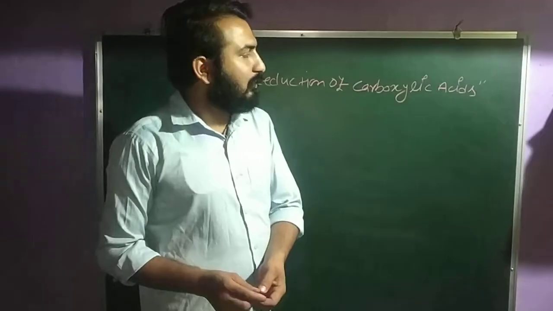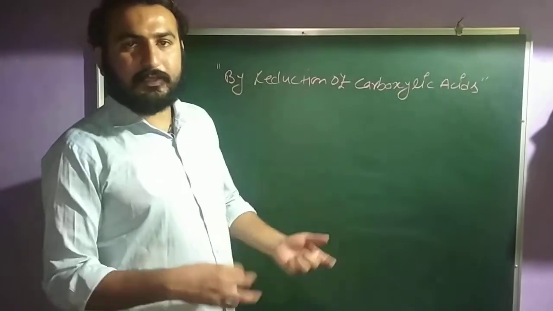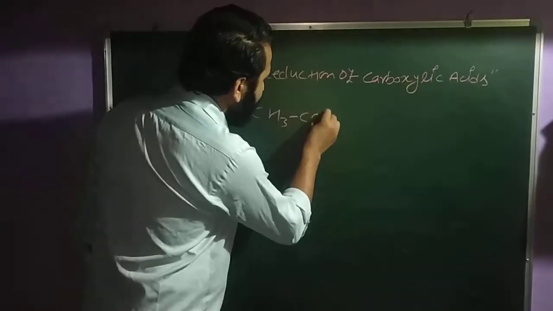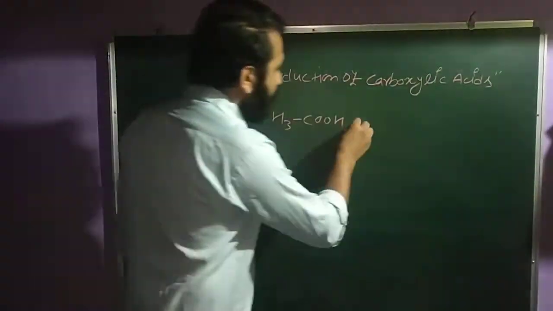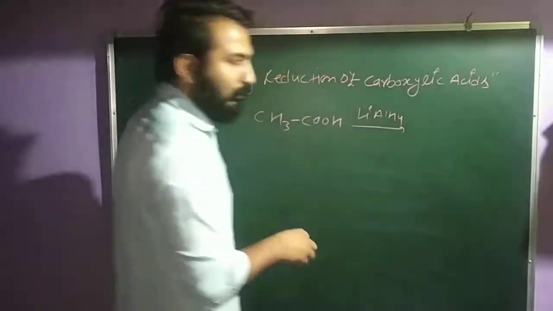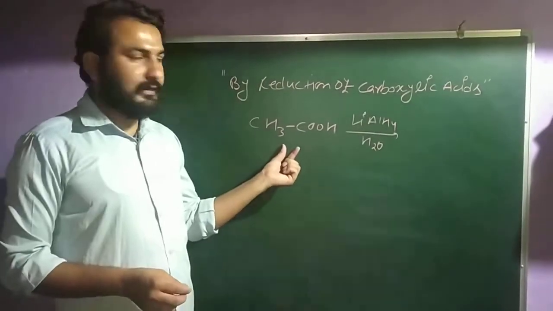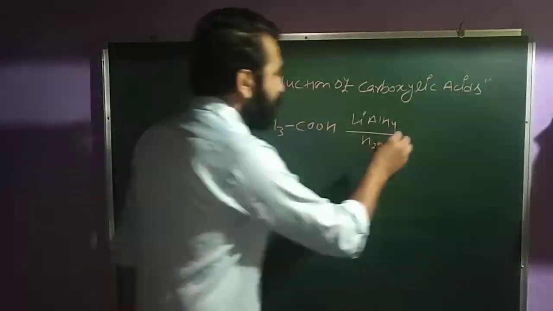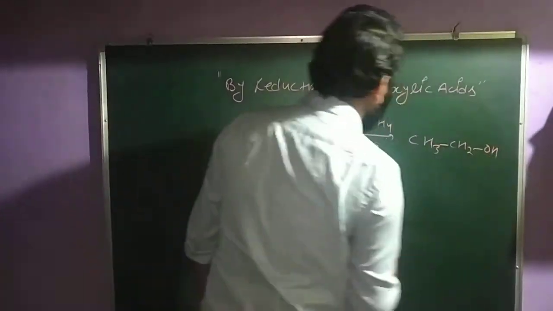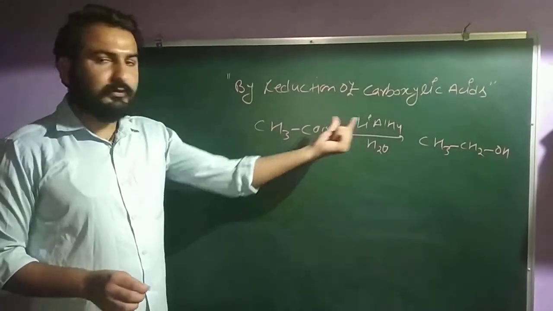This method is the reduction of carboxylic acid. Simply we are doing the reduction of carboxylic acid in the presence of lithium aluminum hydride. So carboxylic acid, CH3COOH, in the presence of LiAlH4 and obviously H2O, is reduced to alcohol, CH3CH2OH.